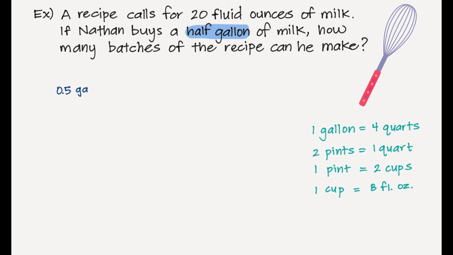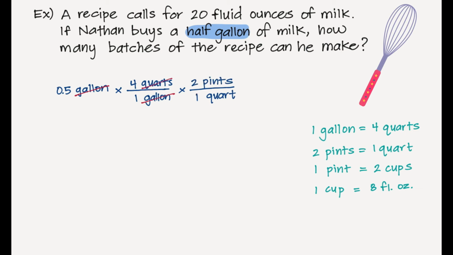Okay? So what I think that we should do is convert the half gallon of milk into fluid ounces. So if I have a half of a gallon, let's go ahead and get rid of gallons. So I can put that on the bottom, and I know that 1 gallon is equal to 4 quarts. And now I can cross out the gallons. So now let's go ahead and convert quarts. So on the bottom, I know that 1 quart is equal to 2 pints up above.